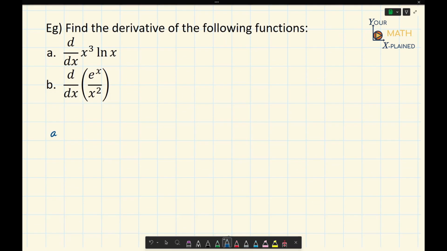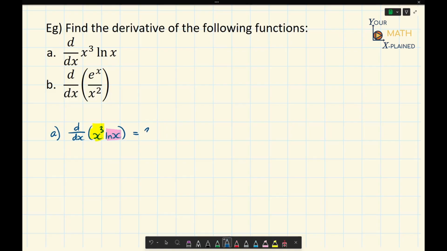Part A, we're asked to find the derivative of x cubed times ln of x. So here we're going to be using our product rule. So our f here is x to the power of 3, and then our g here is ln of x. So the product rule says that this is going to be equal to the derivative of our first function.